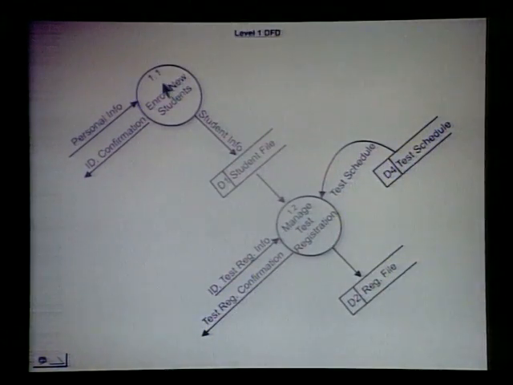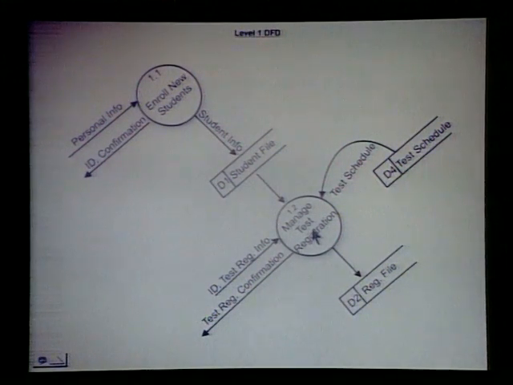Here we have 1.1, that is enroll new students. This process will get personal information from the student and send back to the student his ID or her ID confirmation. This information is stored into the student file.